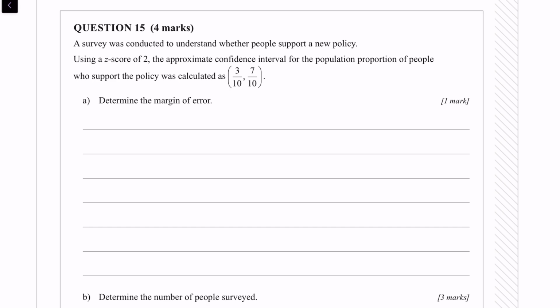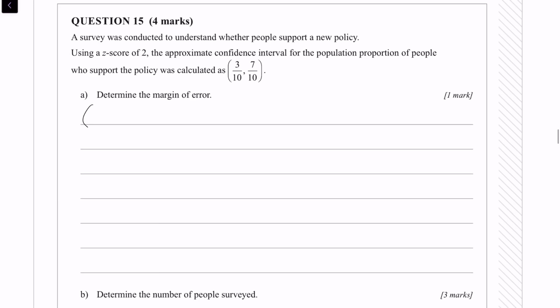So we have to determine the margin of error. We know that in a confidence interval, we always have p hat minus the margin of error, which is capital E in this case, comma, p hat or sample proportion plus the margin of error.